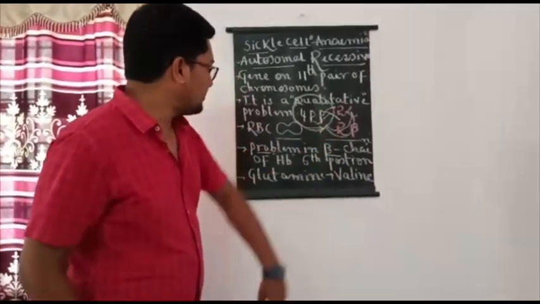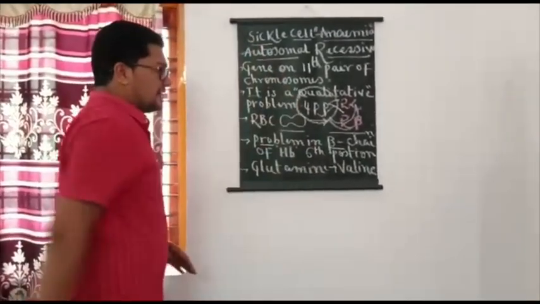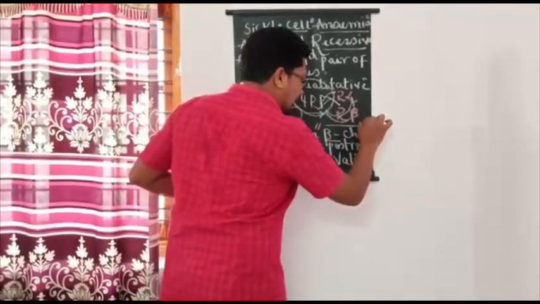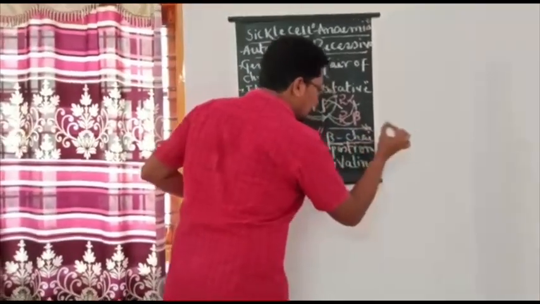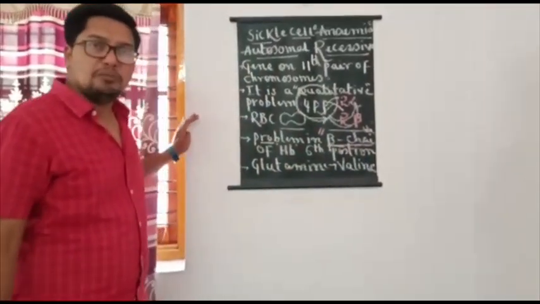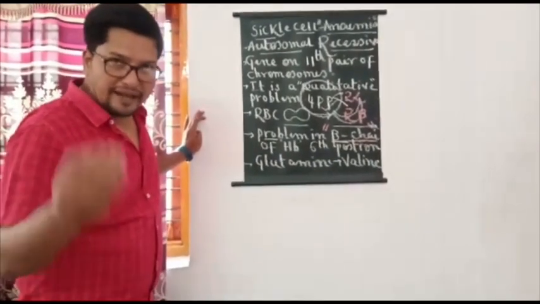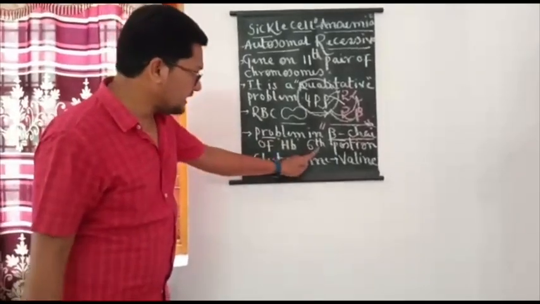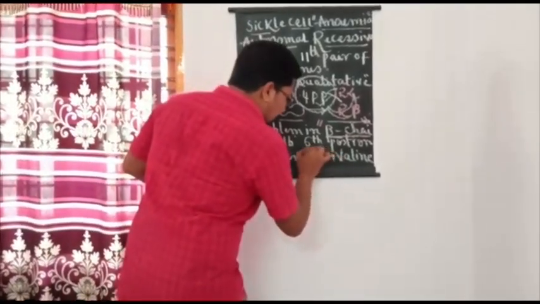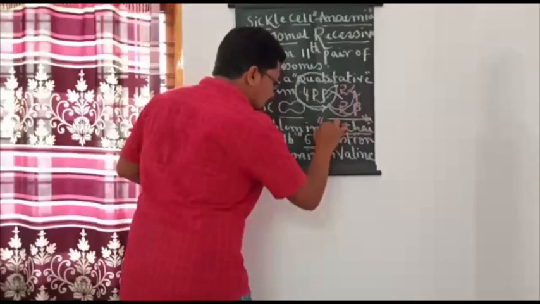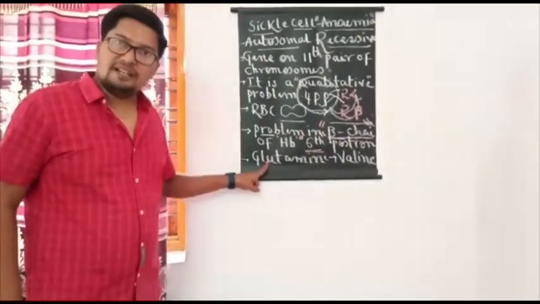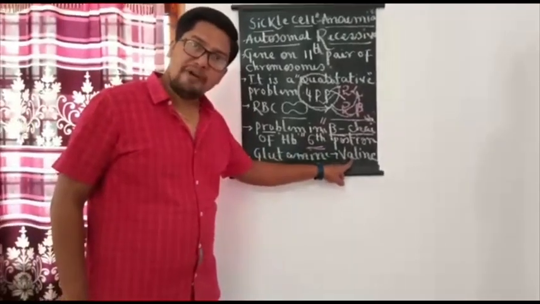And students, remember, in sickle cell anemia, where is the problem? The problem always lies only in the beta chain of the hemoglobin molecule. And what is the problem in the beta chain? I have written here, in the beta chain, at the 6th position, amino acid glutamine is replaced by valine.